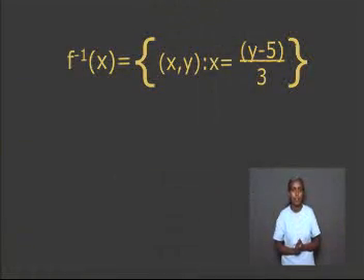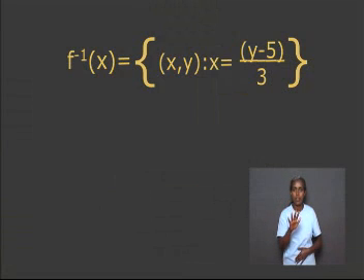Now we must calculate the inverse of the function. As you may remember from our last lesson, we find the inverse by transposing x and y. Then we solve the equation for y. In this case, x equals (y minus 5) over 3.